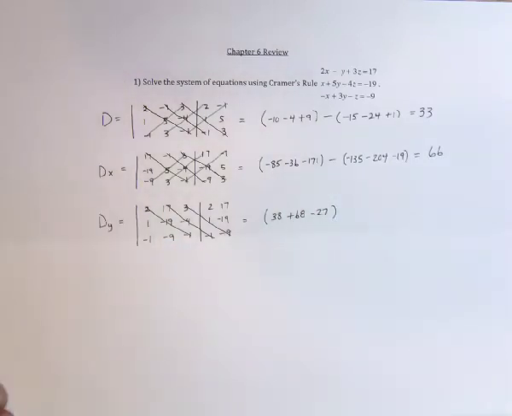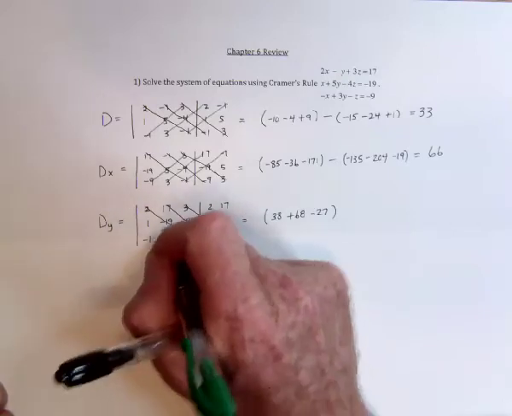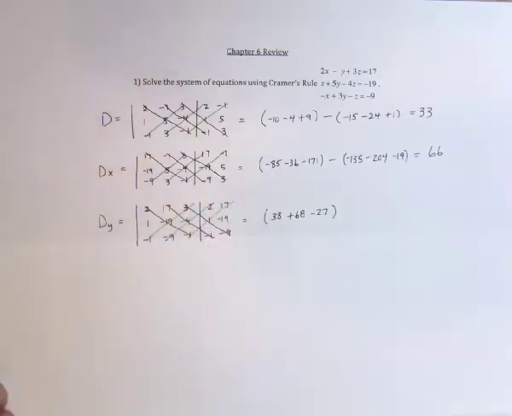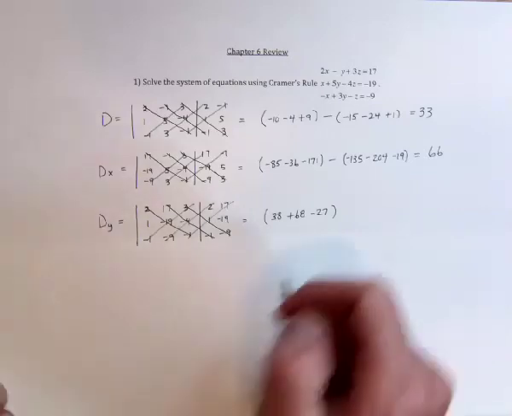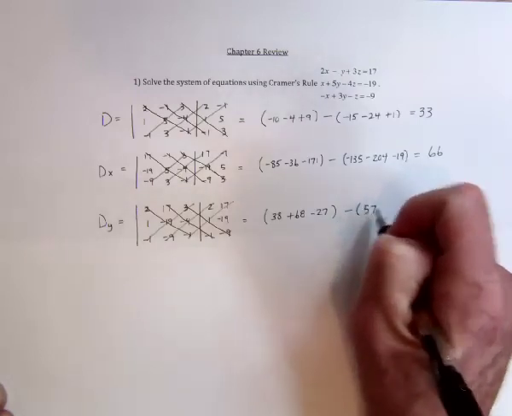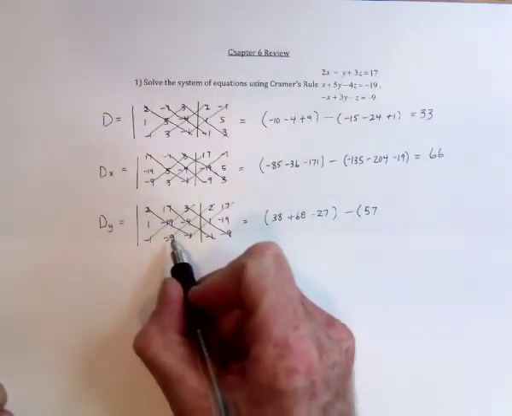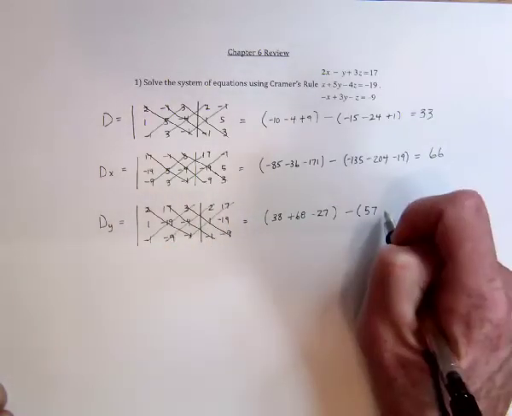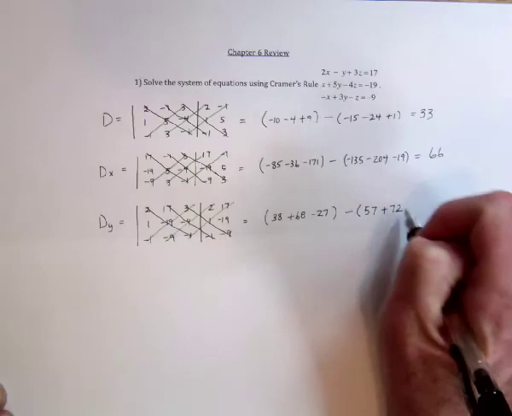And then I need my green diagonals. So there's 19 times 3, 57, and two negatives make it positive. And then there's an 8 times 9 is 72, positive.